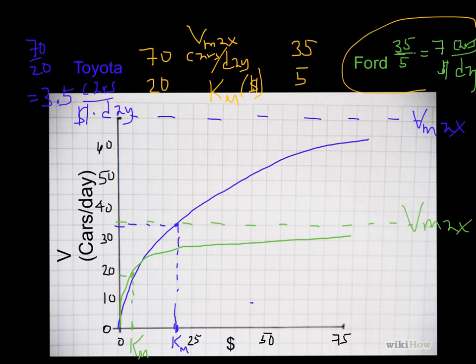Km is sort of like a measuring tool of some sort, to get an idea of the affinity of that enzyme for the specific substrate. Likewise, the catalytic efficiency is the Vmax over Km, also known as Kcat over Km. That tells you how efficient it is at producing the amount of product per unit time per amount of substrate. Okay? So once again, I hope that this little tutorial has helped you.